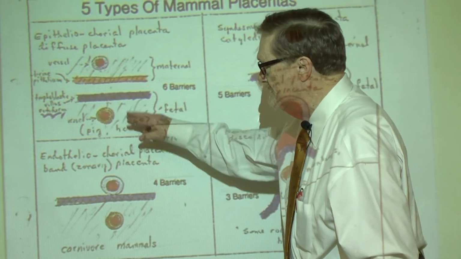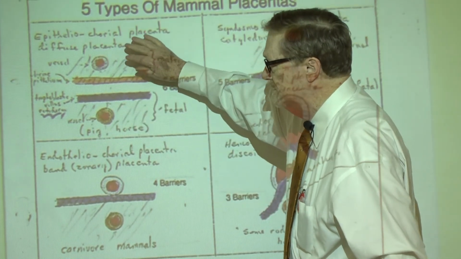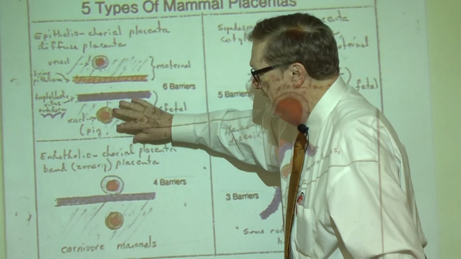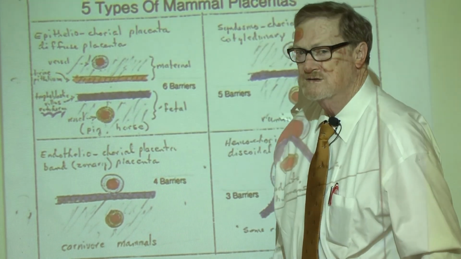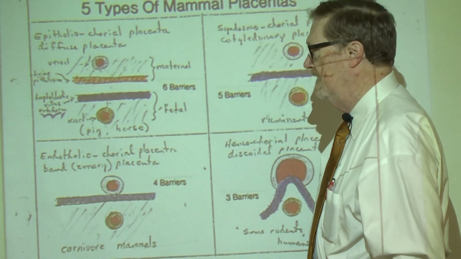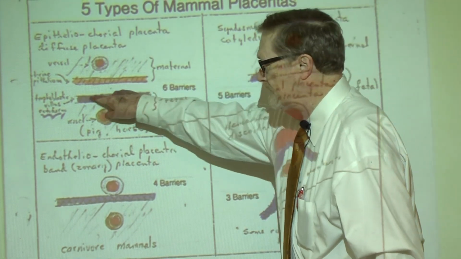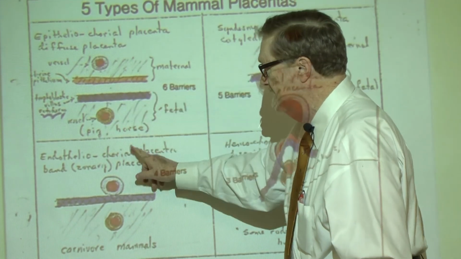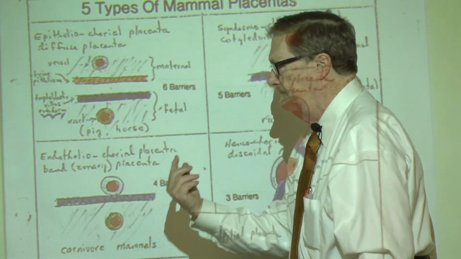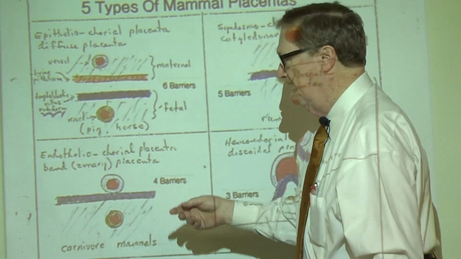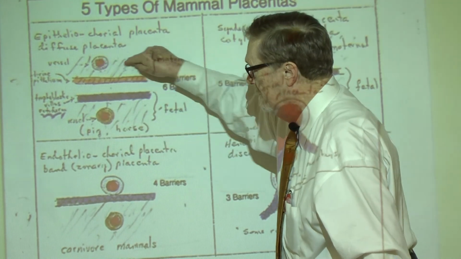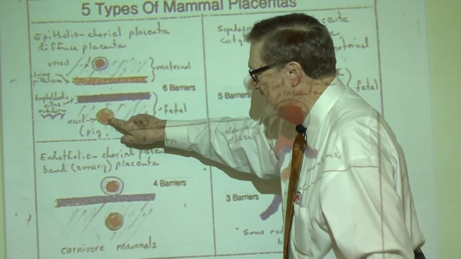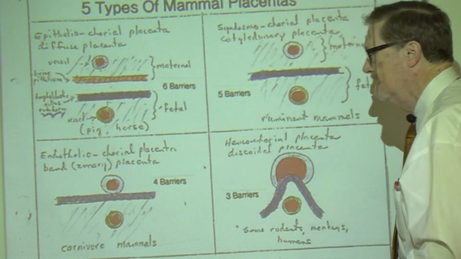Those are of maternal origin. They're made by mama. What are the ones that are made by the fetus? Well, they are the 3 layers of the chorionic villus: the outer chorional ectoderm of the villus, the connective tissue sticking up inside that finger-like process, and finally the wall of the fetal blood vessel. 1, 2, 3, 4, 5, 6 barriers to transplantation.